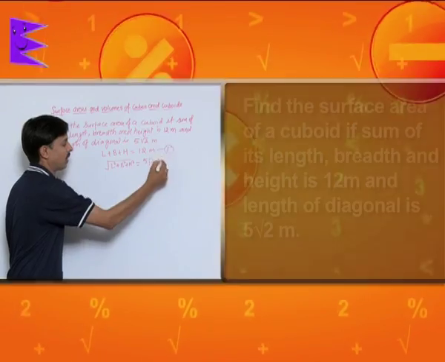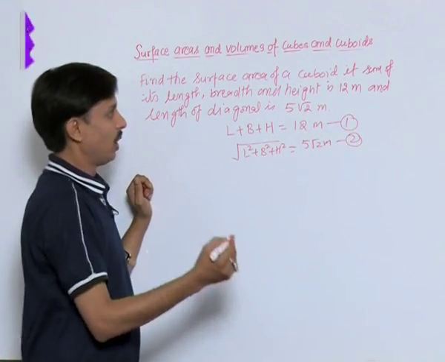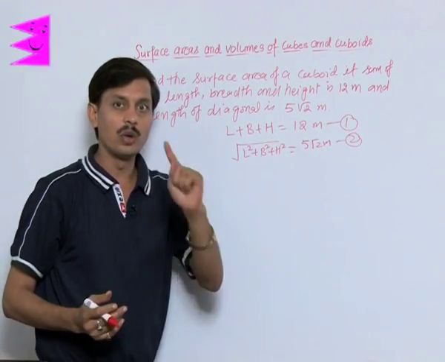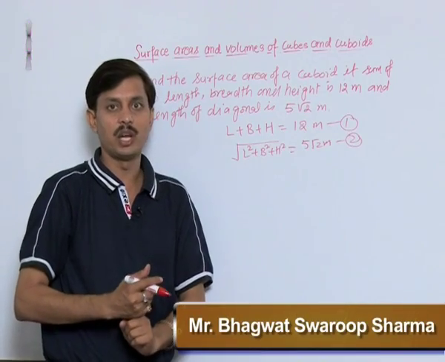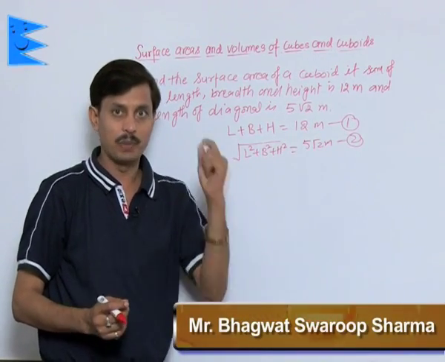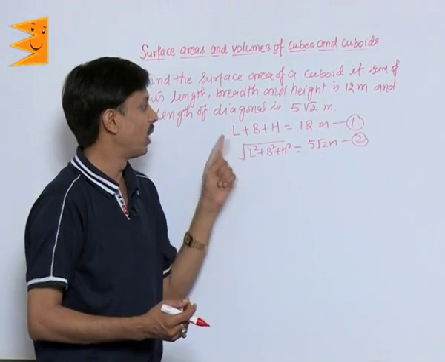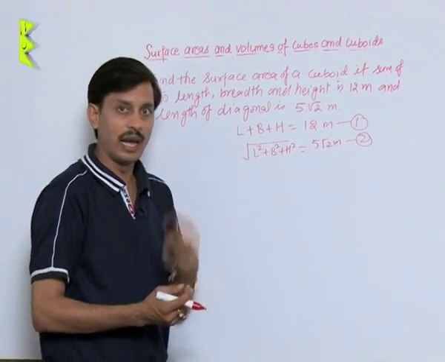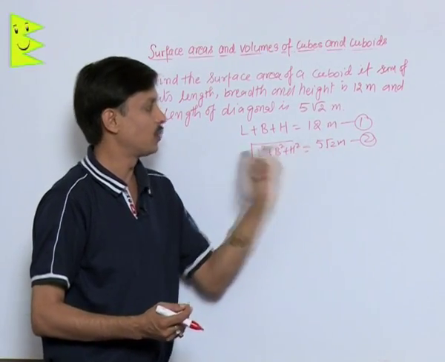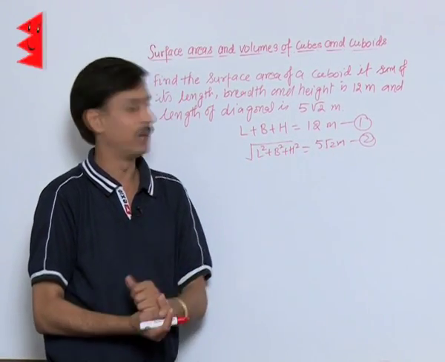This is equation 1, this is 2. What is required? We want to calculate the surface area of the cuboid if length plus breadth plus height for the particular cuboid is 12 meters and the length of the diagonal is 5 root 2 meter as given.